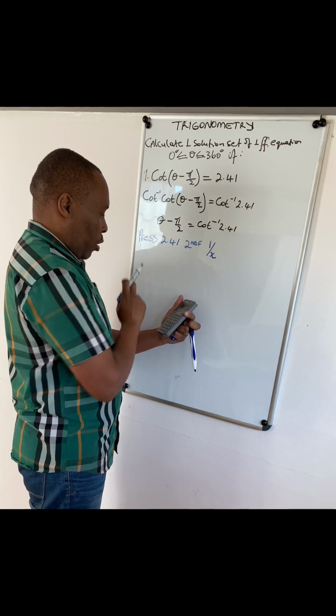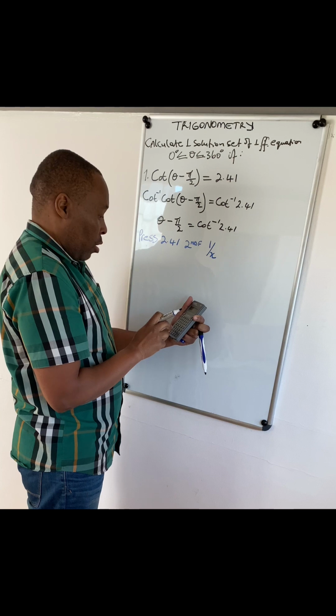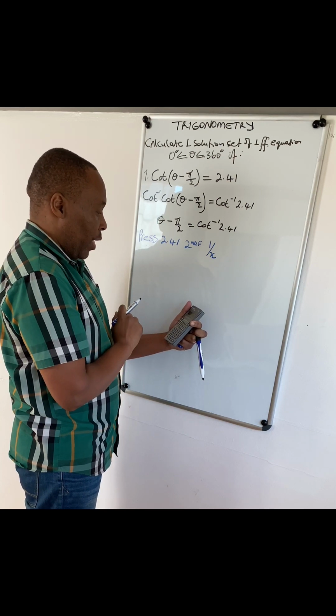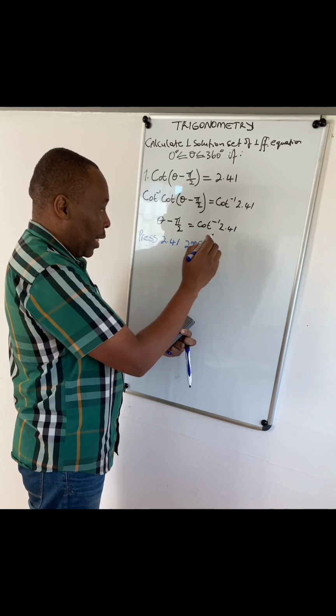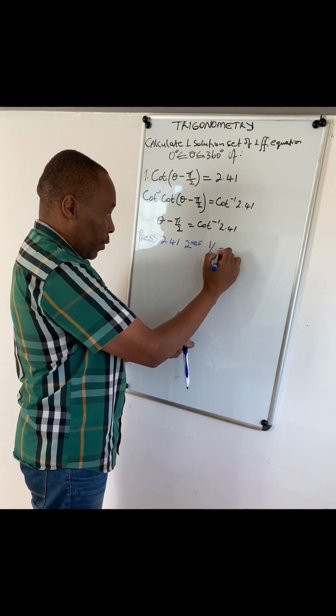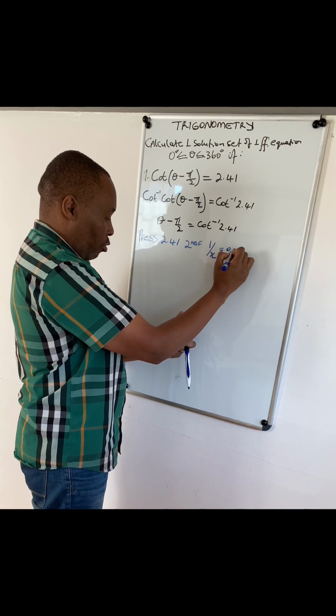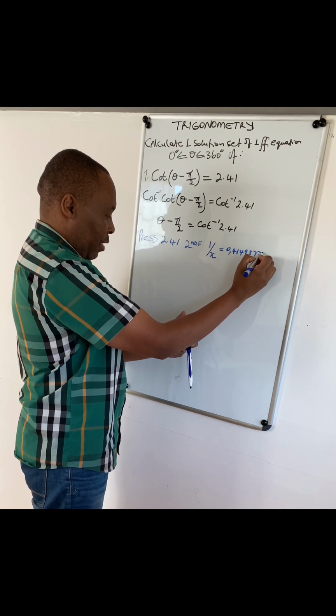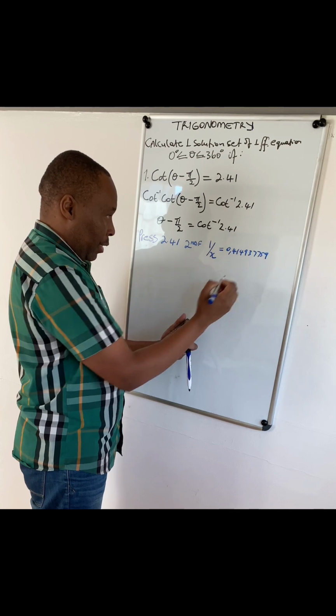So it's 2.41, second function, 1 over x. It will give you a figure. Right now it's giving me 0.414937759.